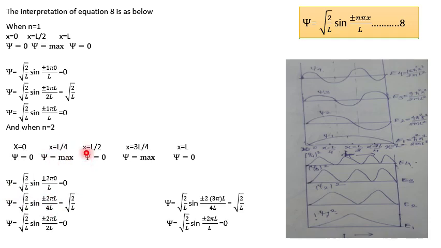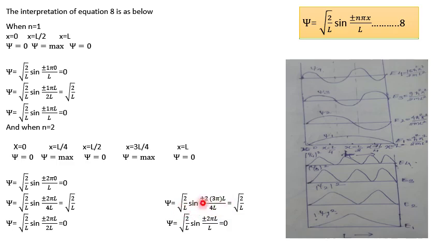Now we substitute the value of x is L by 2. When we substitute this, this L is cancelled by this L, this 2 is cancelled by this 2, and only one thing is left, sine pi, and sine pi is 0. It means that psi is 0 at x is equal to L by 2. Similarly, we calculated 3L by 4. When we substitute 3L by 4, after cancellation only 3 pi by 2 is left, and sine 3 pi by 2 is minus 1.